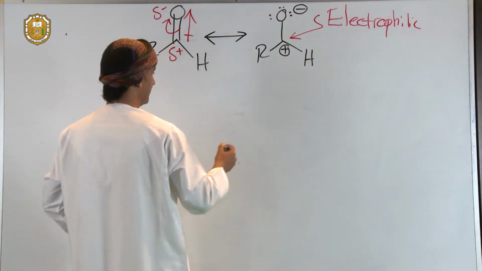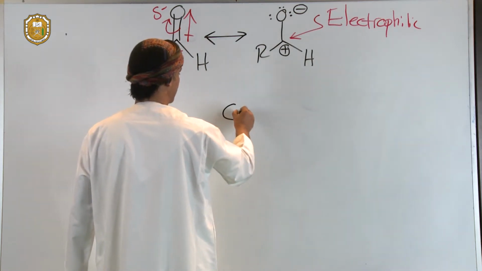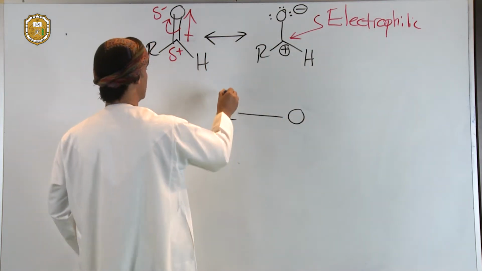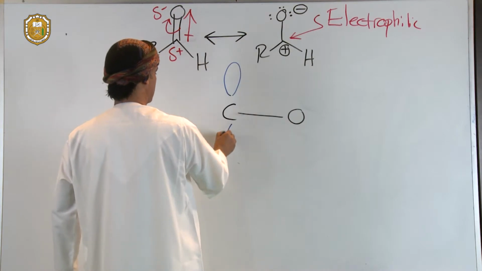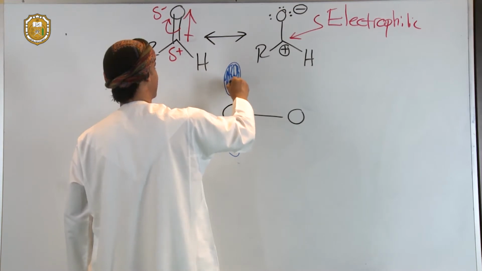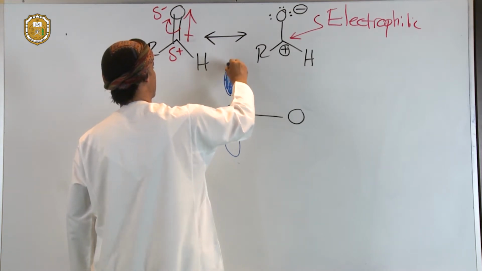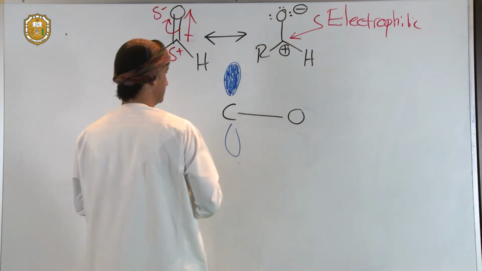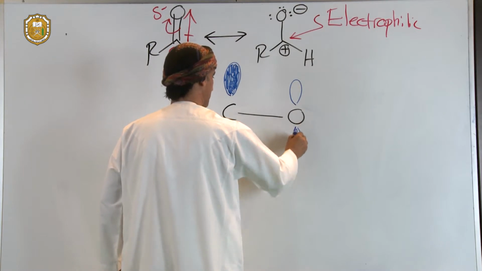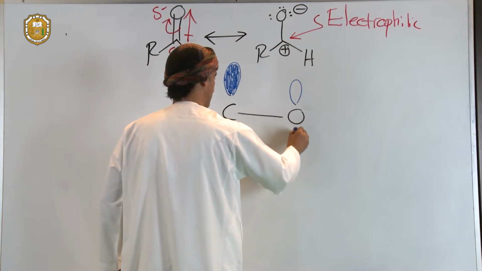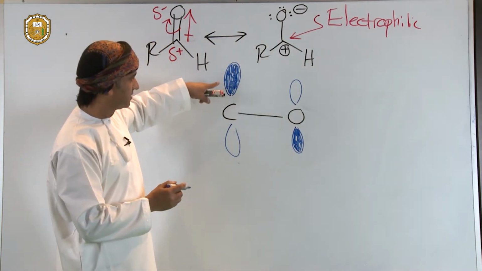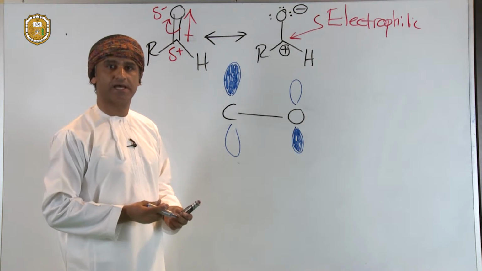If we draw the carbonyl group like that again, we can actually indicate the LUMO with something like that. So this is the LUMO orbital, and this is the p orbital on oxygen, and this means that the coefficient of this LUMO is actually greater at carbon.